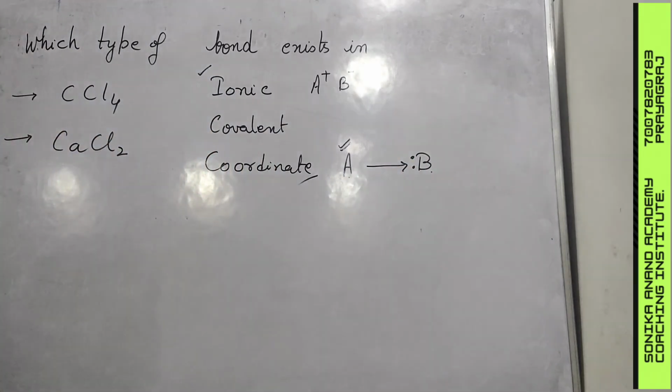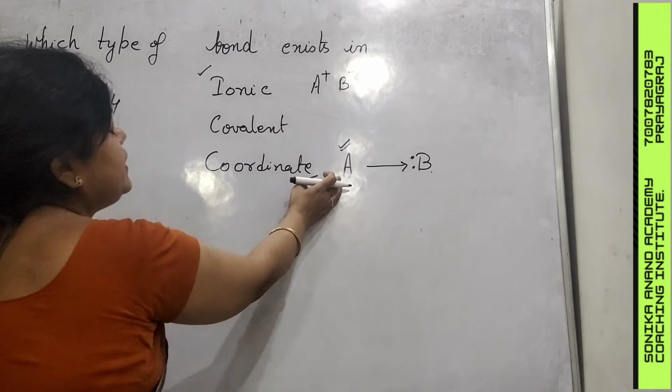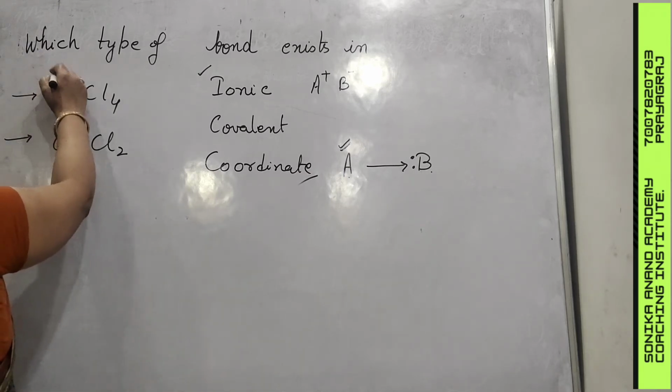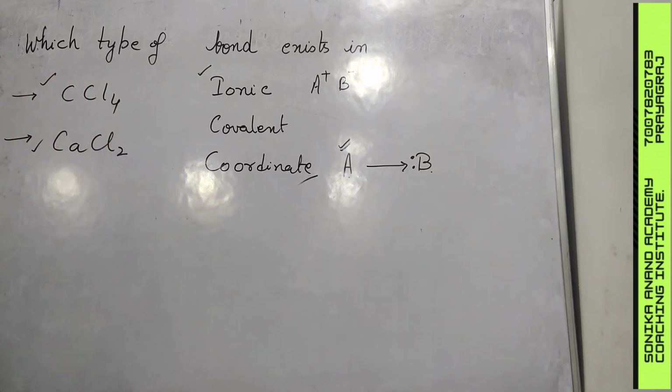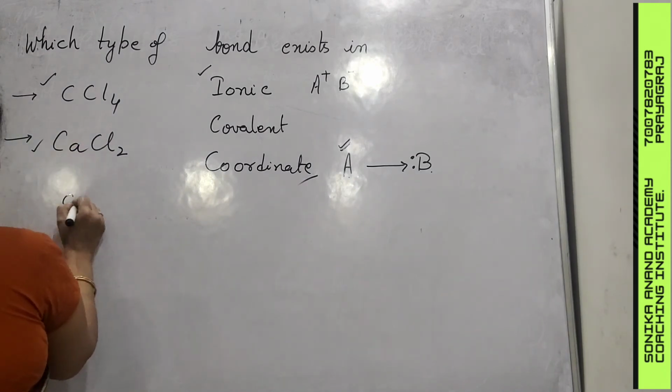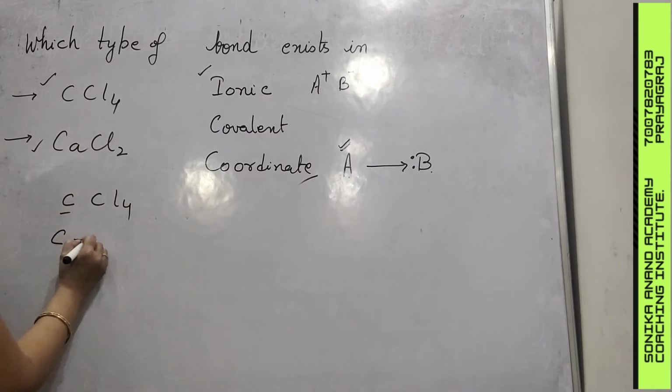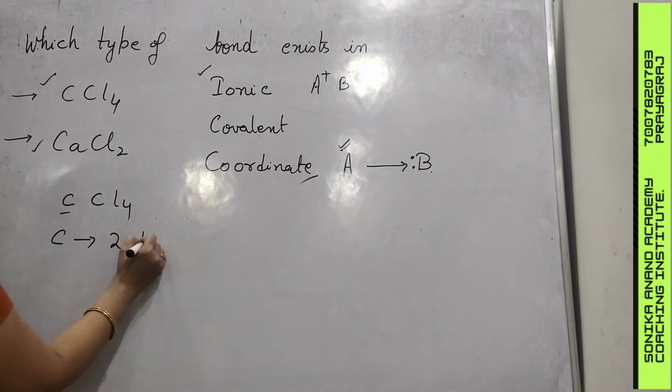That means both pairs of electrons are donated by only one of them. So there are 3 types of bonding generally formed by different elements. Now here in these 2 examples, we have to find which type of bond is formed. So first case, CCl4. Now the atomic number of carbon we know, configuration 2 and 4.